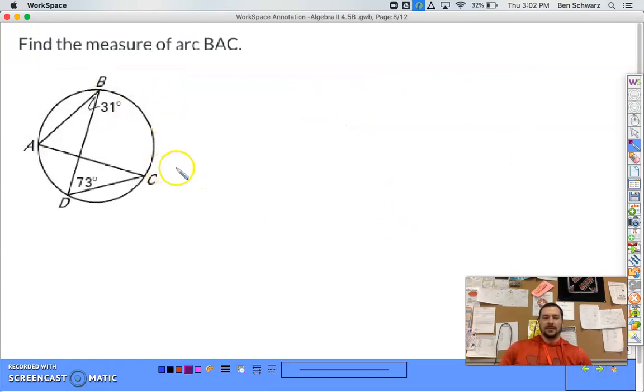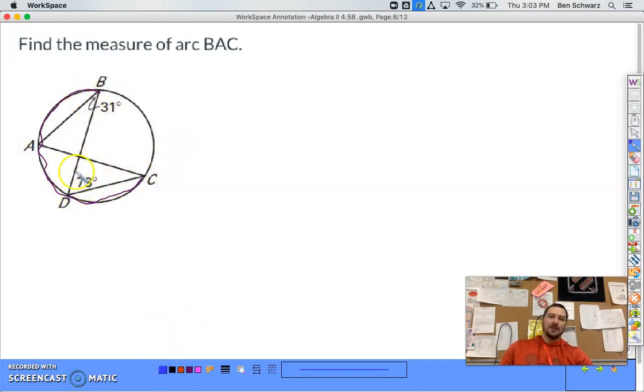Next up, this one was another one that a lot of people missed. We want to find the arc BAC. So when we're finding BAC, we're finding the arc from B to A all the way to C. So that whole arc here. Well, to do that, we can double this 73, and we would get arc BC.